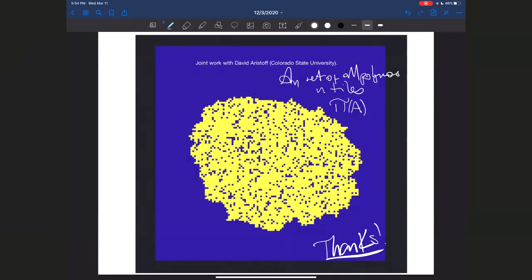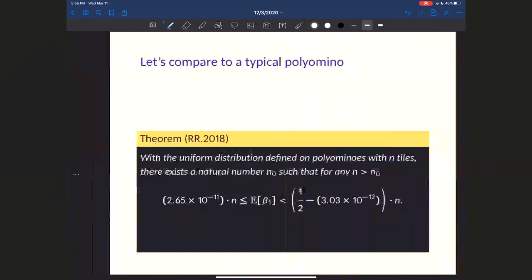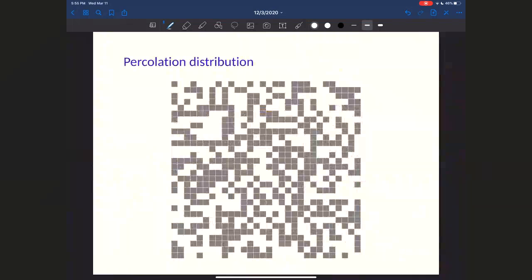So let me show you this, because I promise we didn't talk about it before. Here, I step on each one of the squares of the infinite tessellation of the plane, and I throw a coin with probability p.